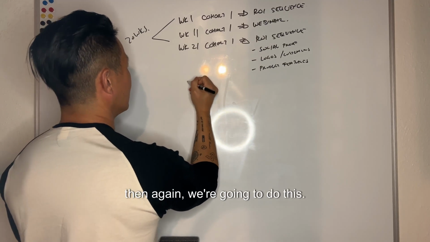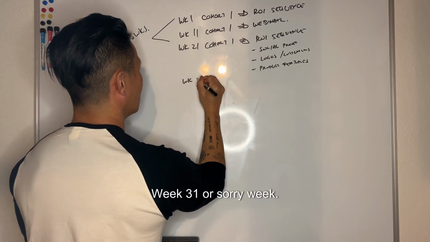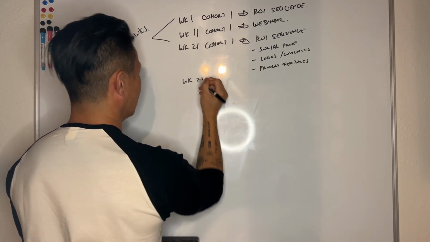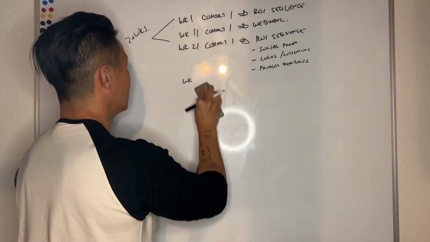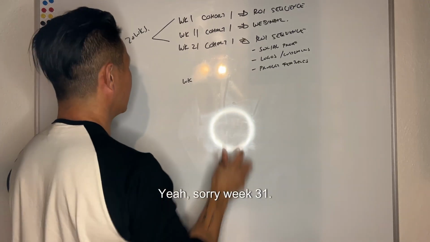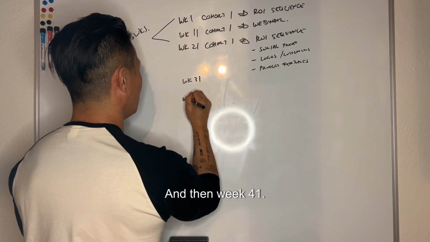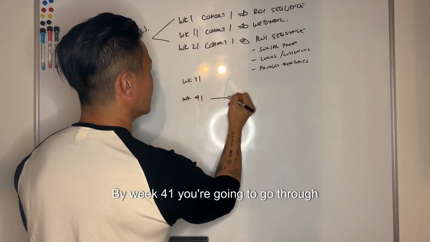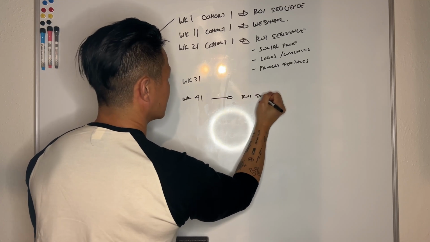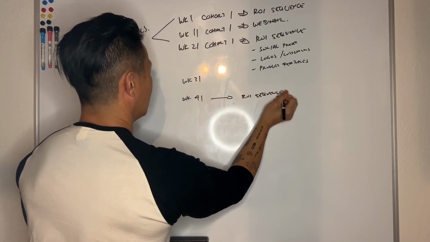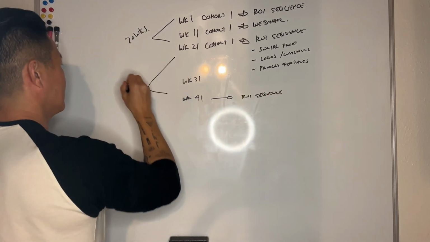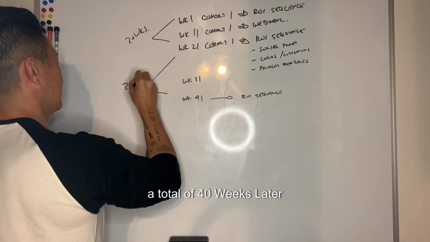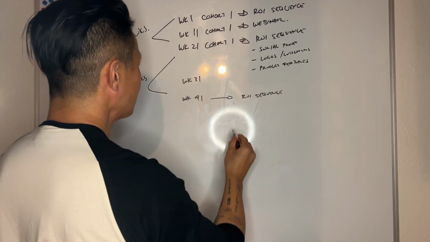And then again, we're gonna do this week 31, and then week 41. By week 41, you're gonna go through another ROI sequence, right? And now we're talking about a total of 40 weeks later.